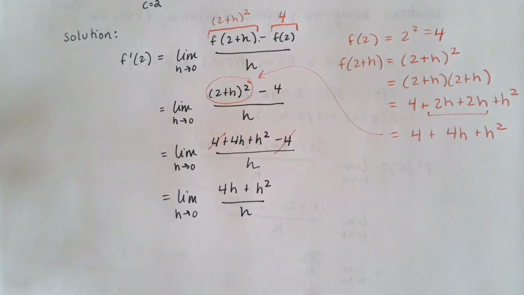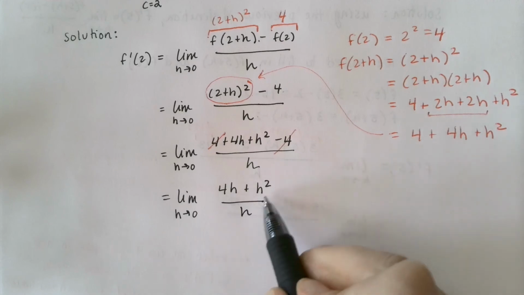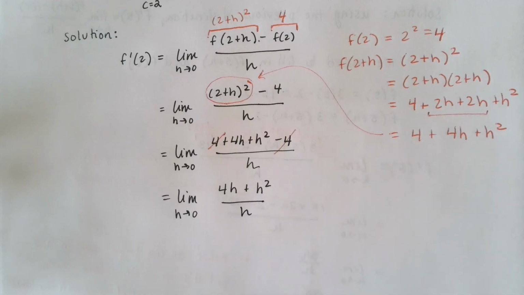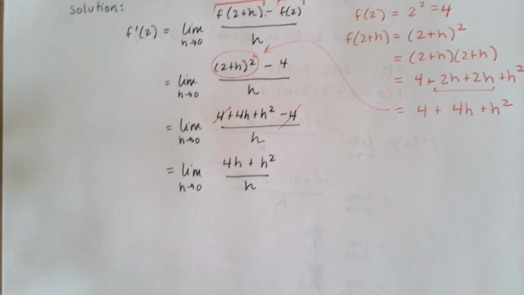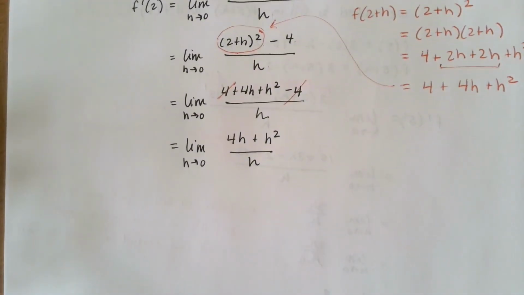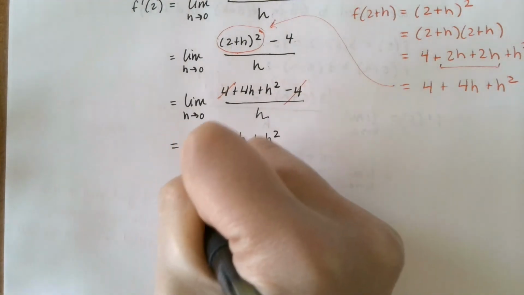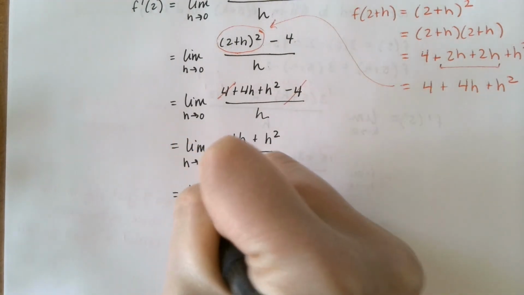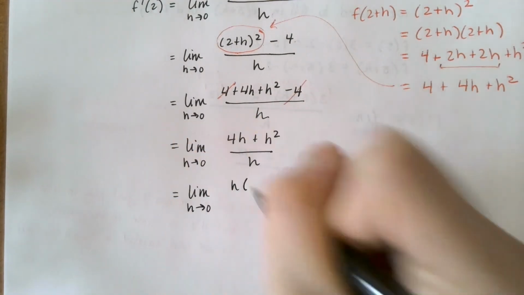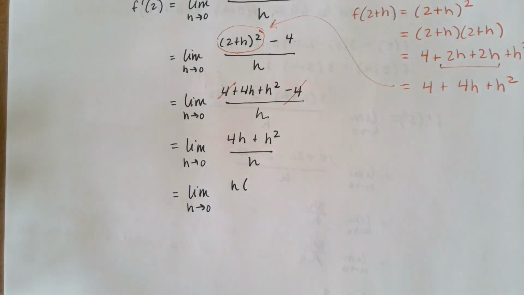And now you can start to see how that denominator h is going to cancel. So if from here you want to just cancel one h from each of these three terms, you're welcome to do that. Or you could actually factor the numerator, which is what I'll do. So 4h plus h squared. You can see this as factoring, or you can see it as just kind of undistributing or factoring out the h.